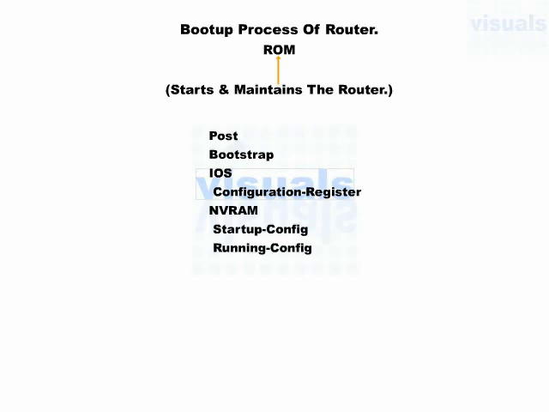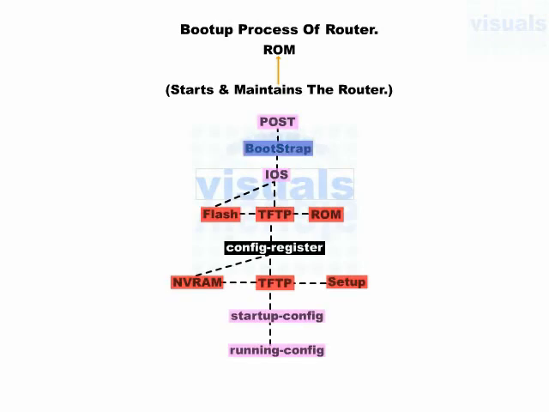We are almost done with the boot up process of the router. Now let's take a look at the router's boot up process in the diagram for quick review. Here it is from the top. The router first performs a power on self-test, where it checks the hardware. After completion of the power on self-test, the router initiates Bootstrap.